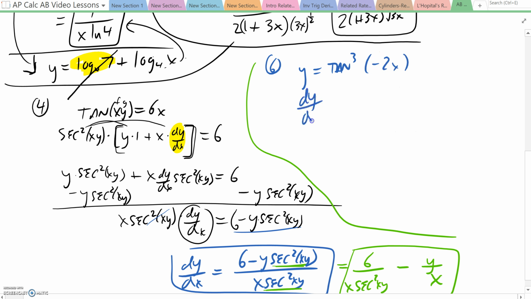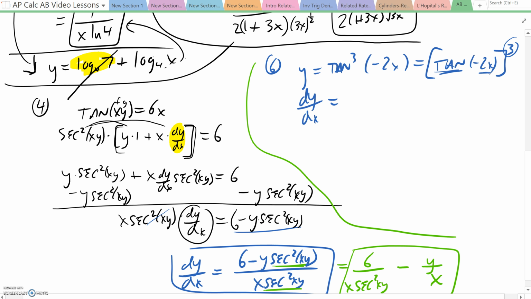So dy dx, we'll start with the outside function, which I probably should rewrite with a cubed outside. And then we get tangent of negative 2x on the inside. So the outside is the cube, and then inside that would be the tangent, and inside that would be the negative 2x.